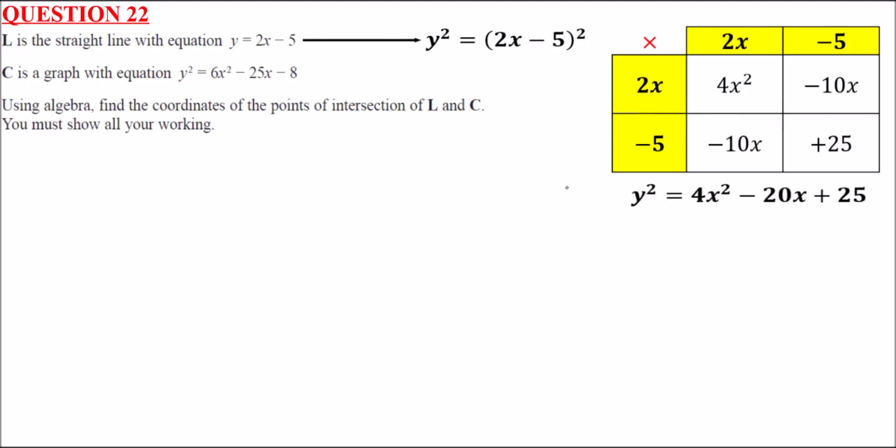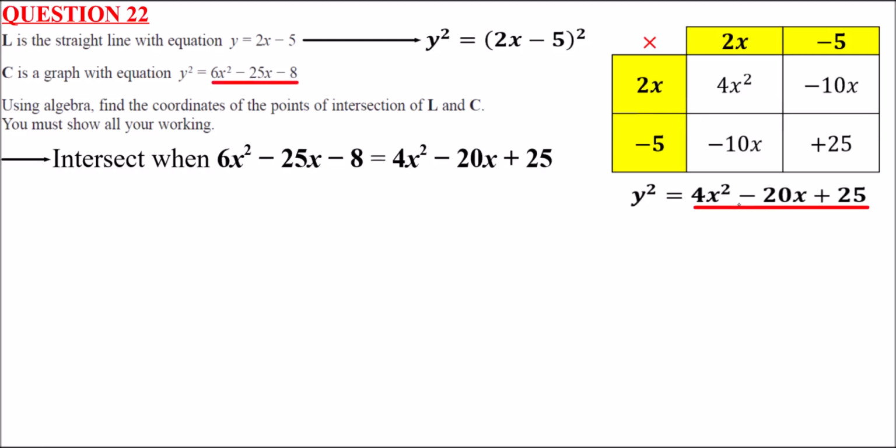Now we've got y squared in one of these equations and y squared in the other. Where the straight line and graph intersect is when the y values are the same, therefore the y squared values need to be the same. So in other words, it's going to be when 6x squared minus 25x minus 8 is the same as 4x squared minus 20x plus 25.